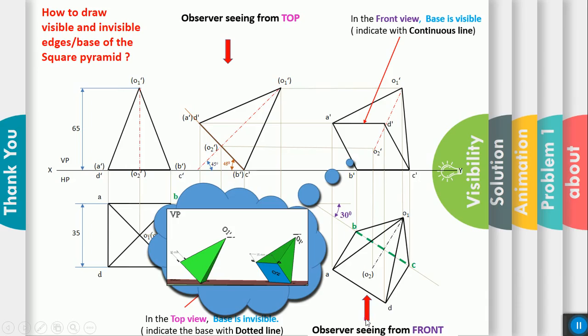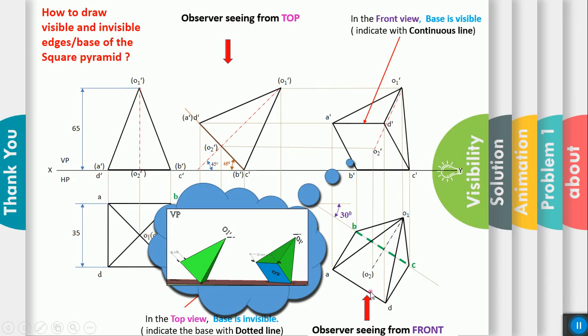Again, when the observer is seeing from the front view, he can see the triangular face O1, A, D and one more triangular face O1, D, C. Hence, in the front view, the triangular faces O1 dash, A dash, D dash and O1 dash, D dash, C dash should be indicated with a continuous line.